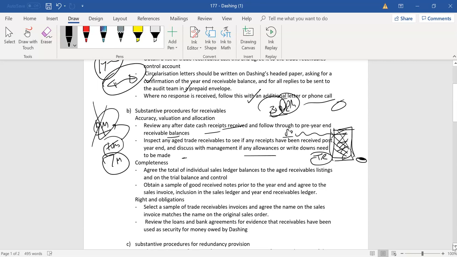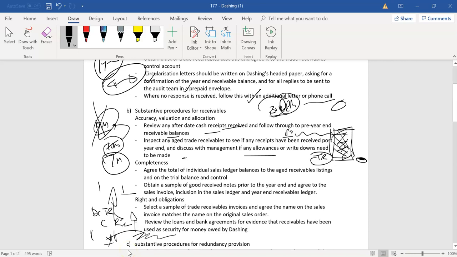Now, of course, with completeness, you want to make sure that, as you can imagine, all I have to do is debit trade receivables and credit revenue, and I have inflated assets and inflated income and therefore profits. So I want to make sure that these two go hand in hand with cutoff testing. I want to make sure that only the invoices for that period are included in that period, and I'm not including invoices for the next year in my year to make me look good.